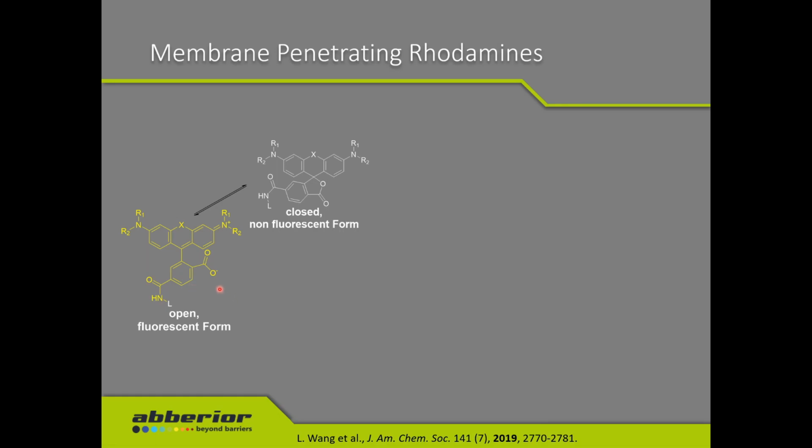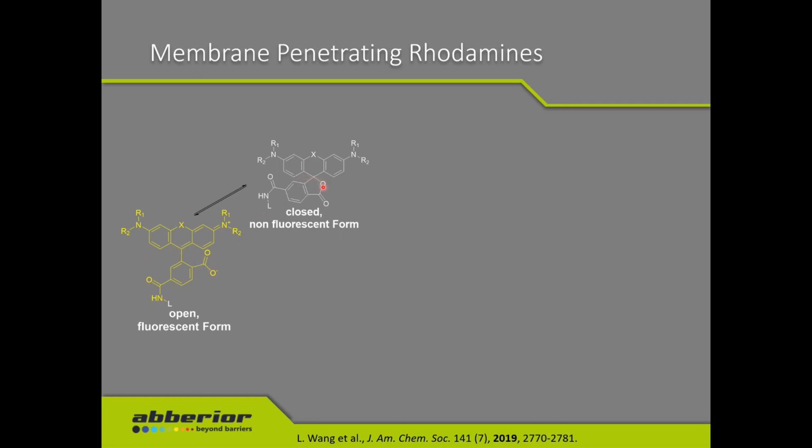In this form our rhodamine has zwitterionic character. So we have an anion and a cation, meaning that this fluorophore is less cell permeable because of the charge. Now with this very important carboxylic acid here, it is possible to form a spirolactone ring via this carbon.